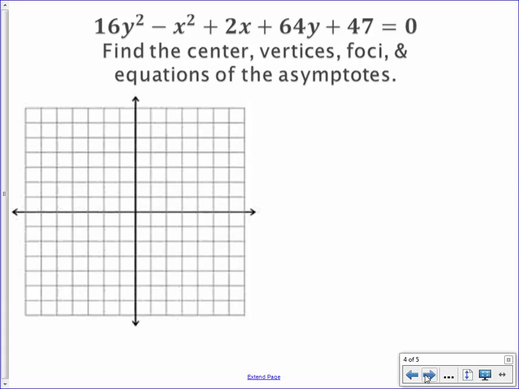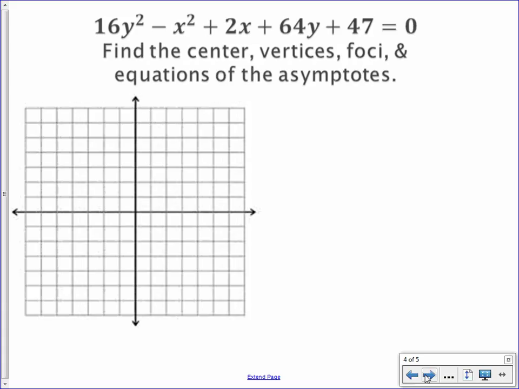Second, notice how the y squared is positive, but the x squared is negative. That is tipping us off that we do not have an ellipse, we have a hyperbola. If both of them are the same sign, like both positive, we have an ellipse. If they are opposite signs, we have a hyperbola.